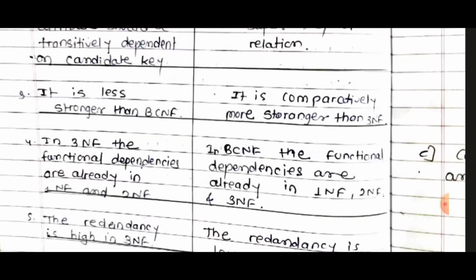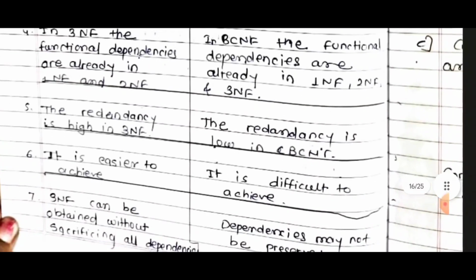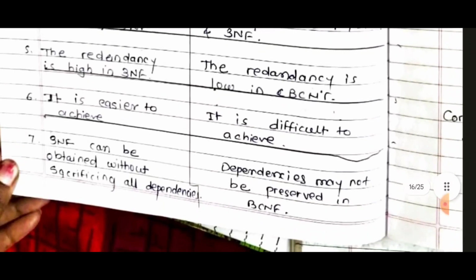In 3NF, the relations are already in 1NF and 2NF, and in BCNF, the relations are already in 1NF, 2NF, and 3NF. The redundancy is high in 3NF. The redundancy is low in BCNF. 3NF is easier to achieve.